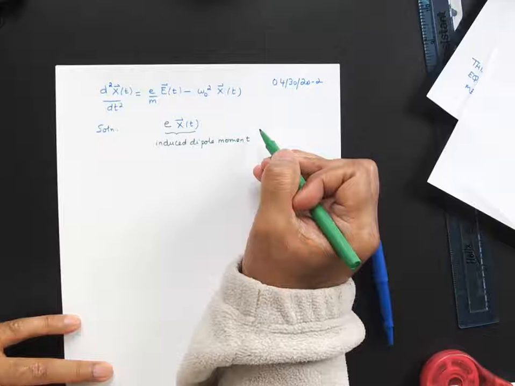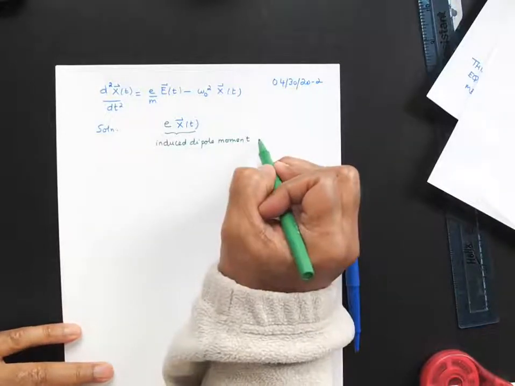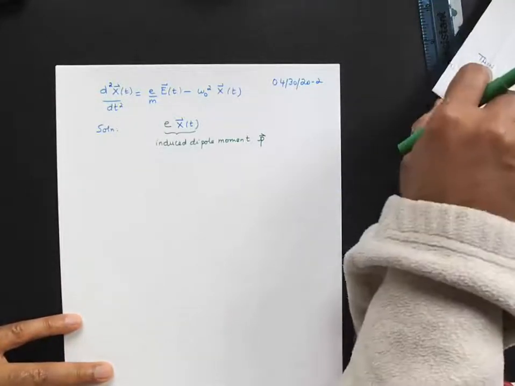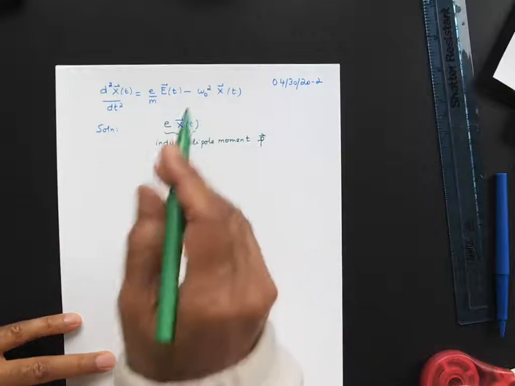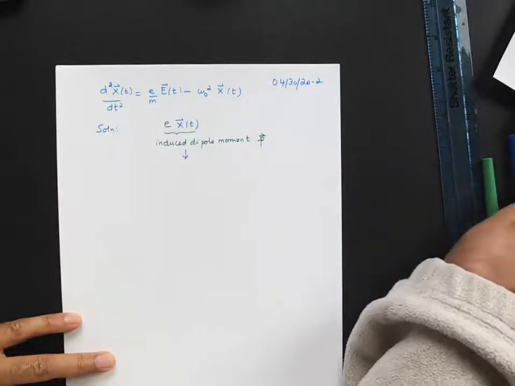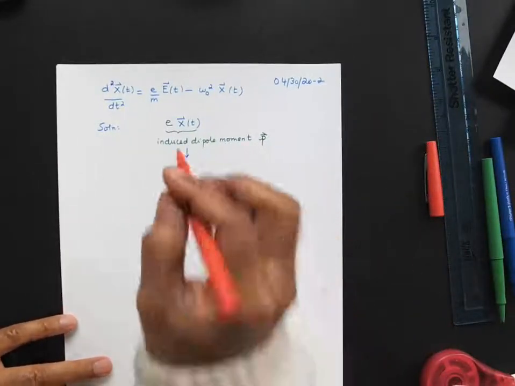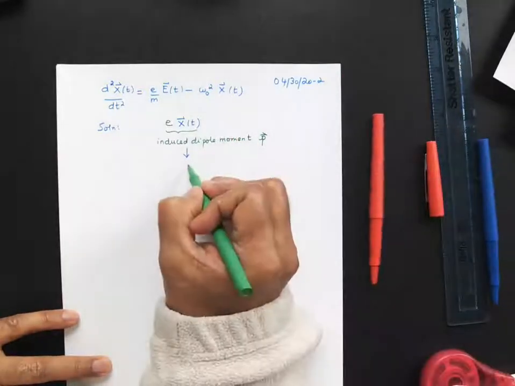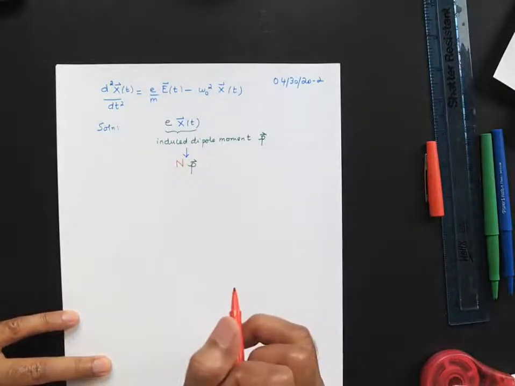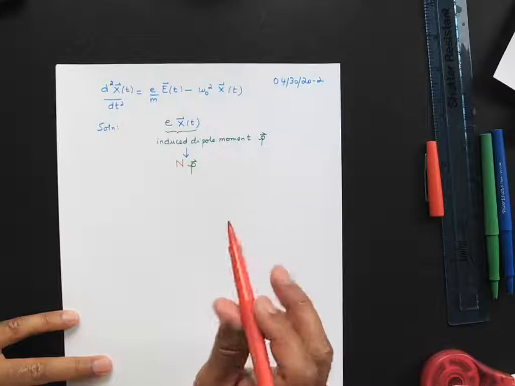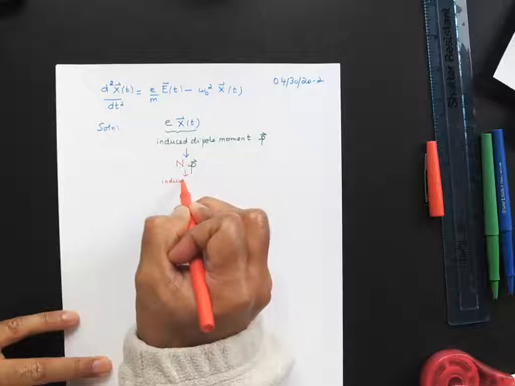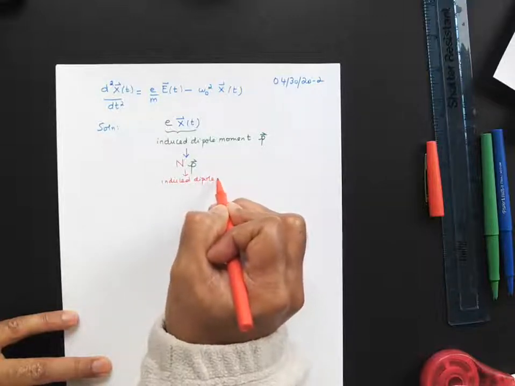Okay, remember what was the induced dipole moment for each atom? It was lowercase p from our previous discussion of electric polarization. And now if I have this little p and I multiply it by the number density of the atoms of the material, then I will get the induced dipole moment per unit volume.